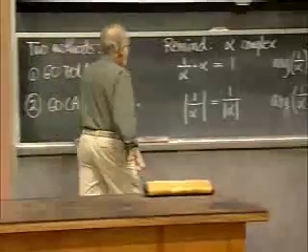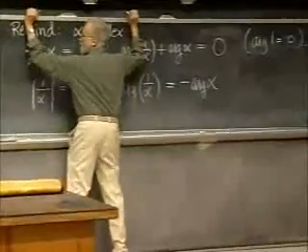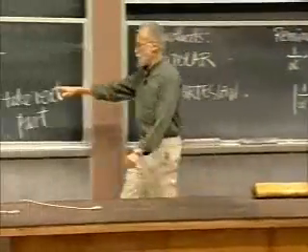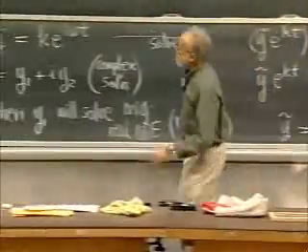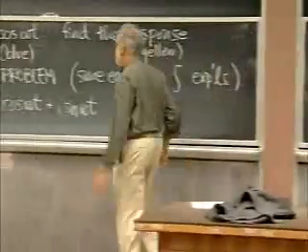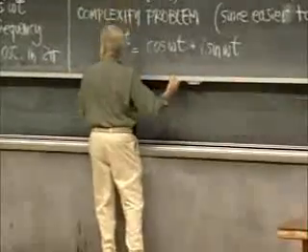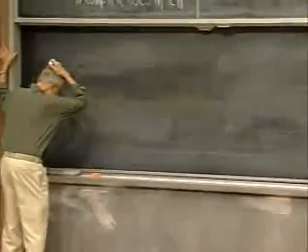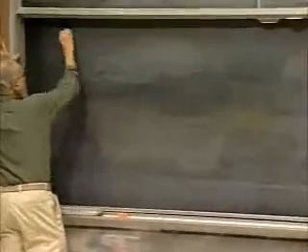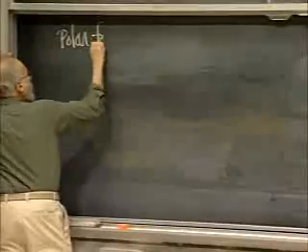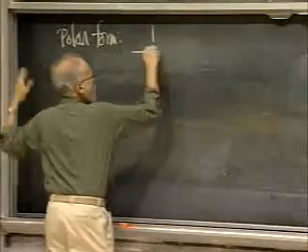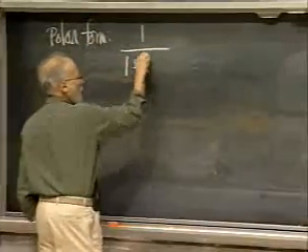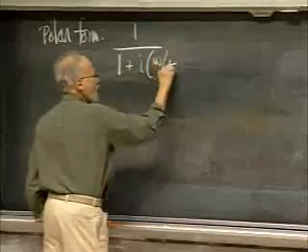Okay, I'm going to use that now to turn this into polar form, because that is my aim. So let's do that someplace, I guess here. So I want the polar form for 1 over 1 plus i times omega over k.